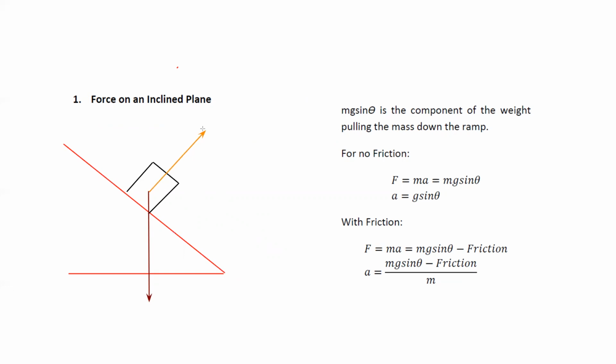Not exactly upward, but 90 degrees to the surface. This object naturally tends to slide downward, so friction resists its motion. So the forces acting are the weight, the normal contact force, and friction.